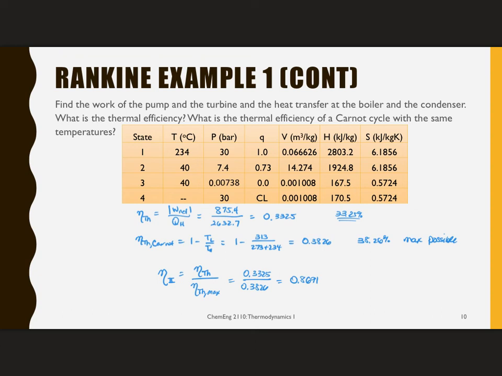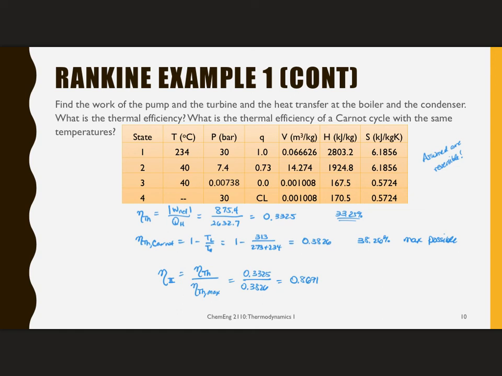Okay? So we're 87% of the way to the maximum possible. We're not ever going to get to the maximum possible. And then I have a major caveat. I have assumed all of these are reversible. And even with that, we didn't get as good as the Carnot. And when I get to looking at real life, it's going to get worse, right?